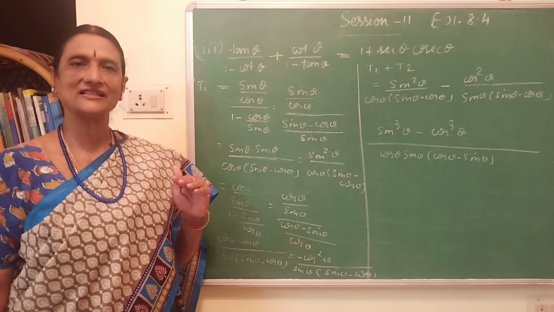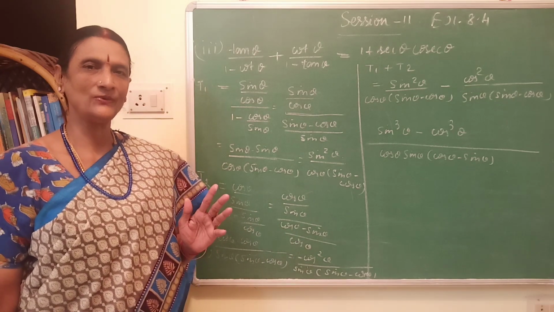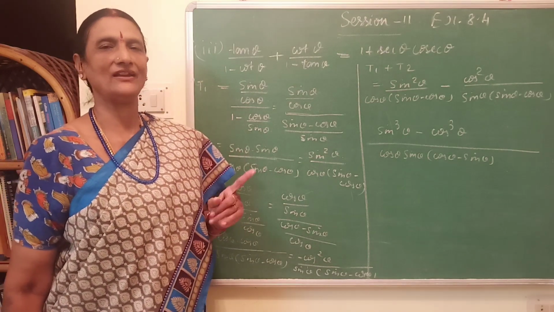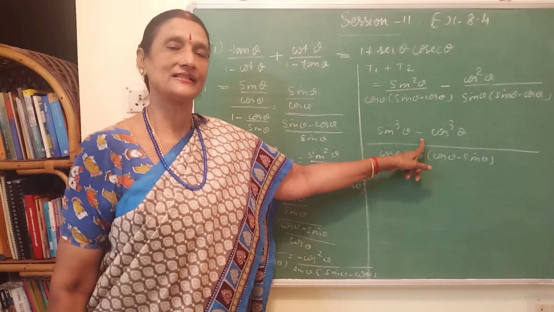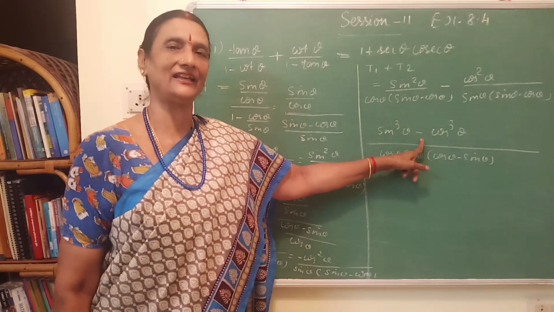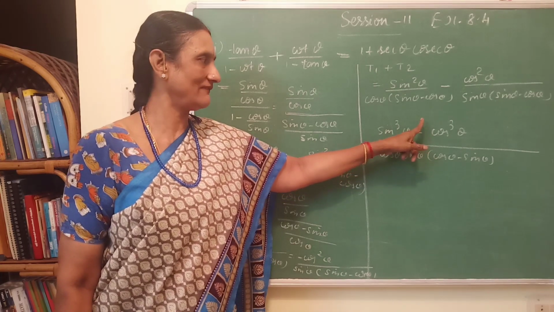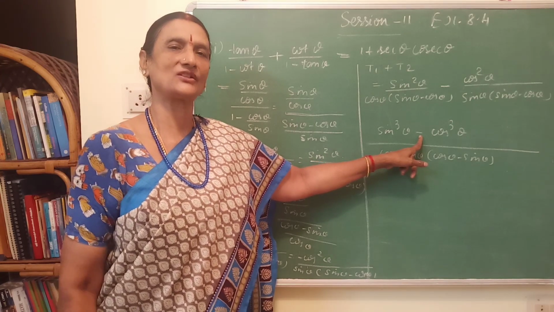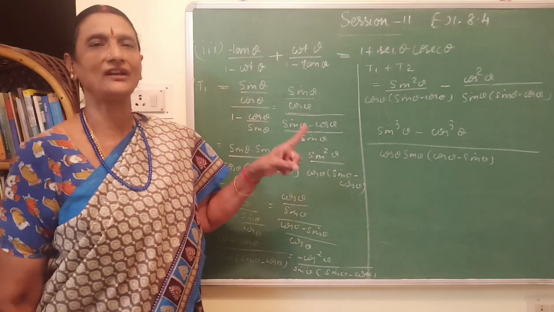When you have a negative sign in between, the second factor will not have a negative term. When there is a positive sign, it becomes (a plus b) into (a square plus b square minus ab). That's how you should remember it.